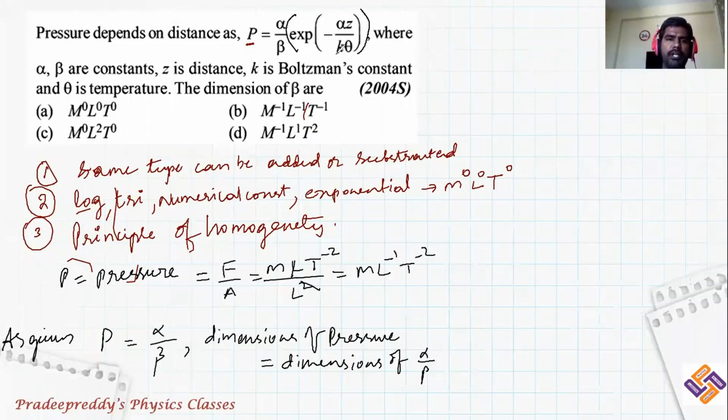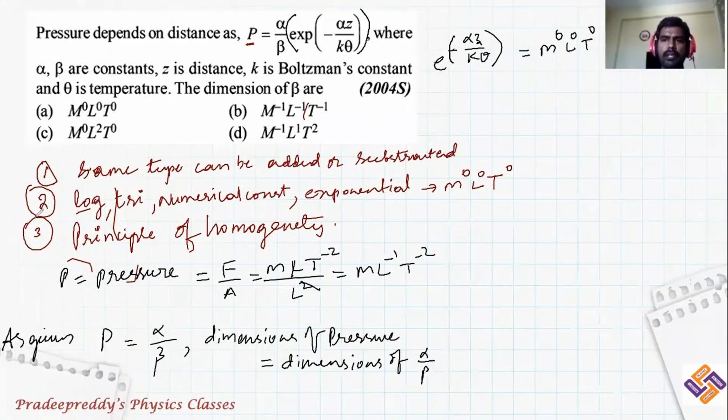As this is an exponential function, we are not including that in the basic relation P is equal to alpha by beta. e power minus alpha z divided by k theta is equal to M power 0, L power 0, T power 0, as it is dimensionless because it is an exponential function.